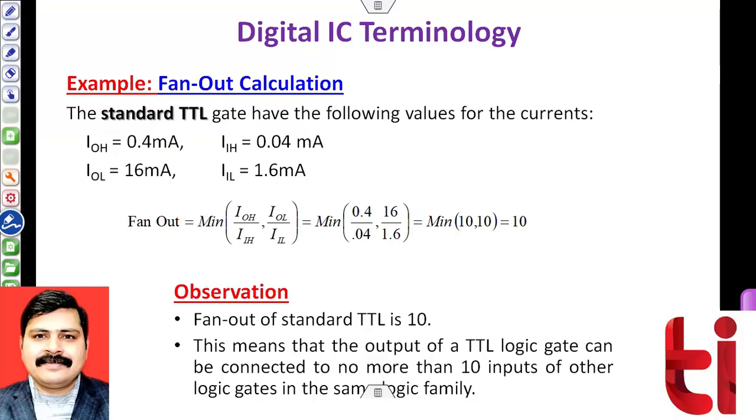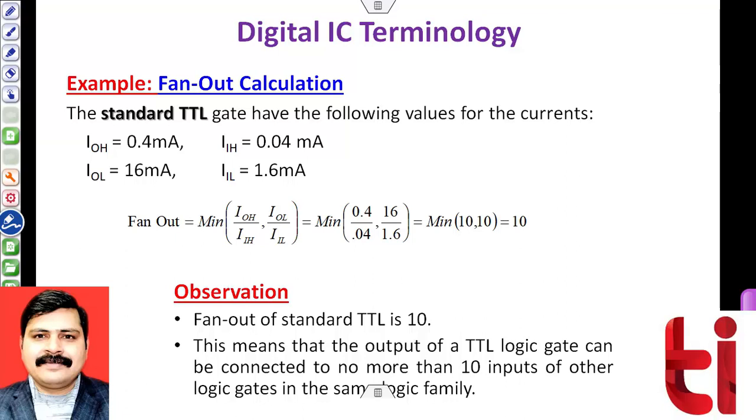We have selected the transistor logic for the fan out calculation, and the standard values are given here: IOH and IOL are 0.4 and 16 milliamperes respectively, IIH and IIL are 0.04 and 1.6 milliamperes respectively. You can check, we have calculated the terms, and the value will be the minimum of 10 and 10, that is 10.